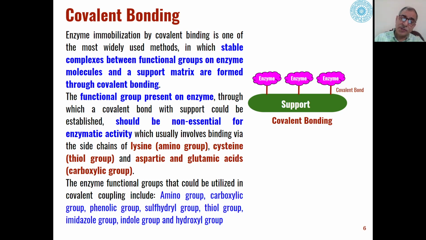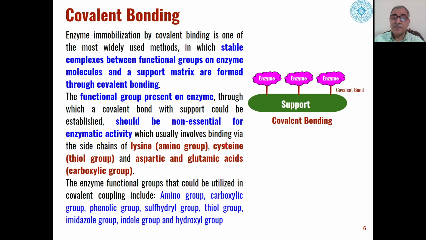So we need to concentrate on this aspect, that only non-essential functional groups should be used for formation of a covalent bond between the support and the enzyme. And most commonly the essential groups for enzymatic activity, for example in case of lysine it is the amino group, which is responsible for the catalytic activity of the enzyme.